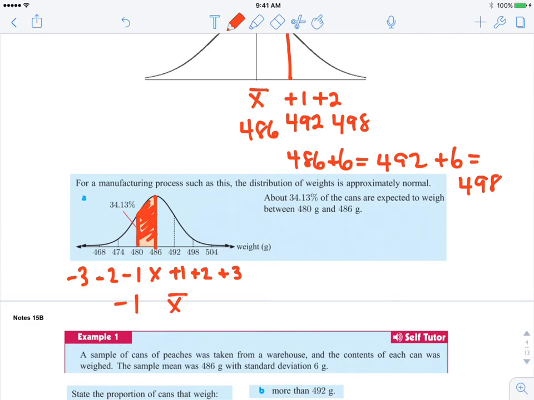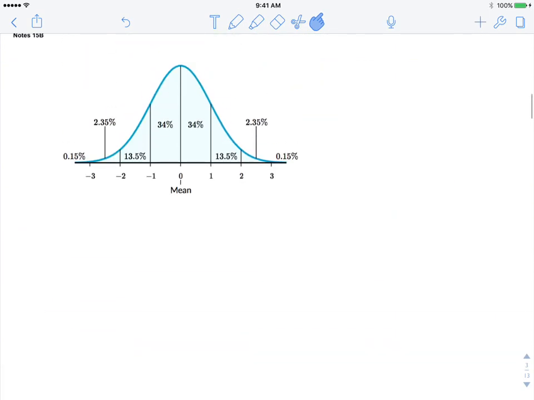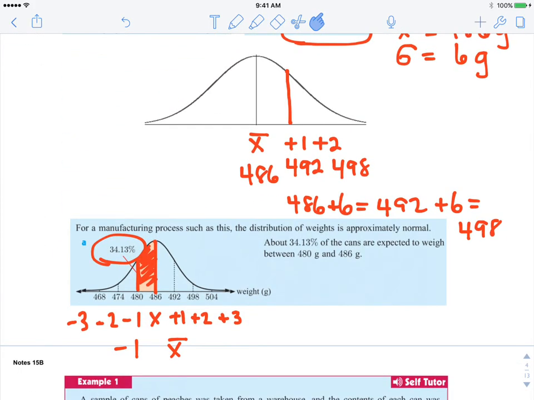So it's 34.13%. This is the region that we're just looking at. So the answer then is about 34.13% of the cans are expected to fall between 480 and 486 grams.